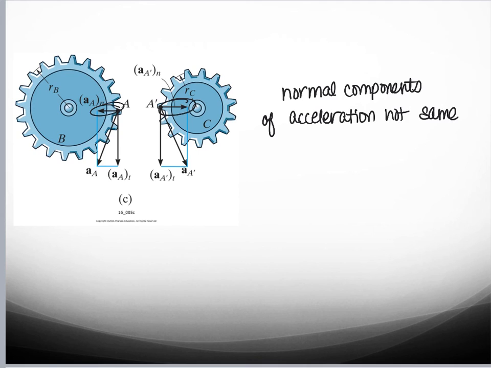That shouldn't be too surprising, because we found the normal components are omega squared r, and these are different for each wheel and also the radius, and there's no way that we can maintain them being the same. And you can see on the picture that they don't have the same magnitude.